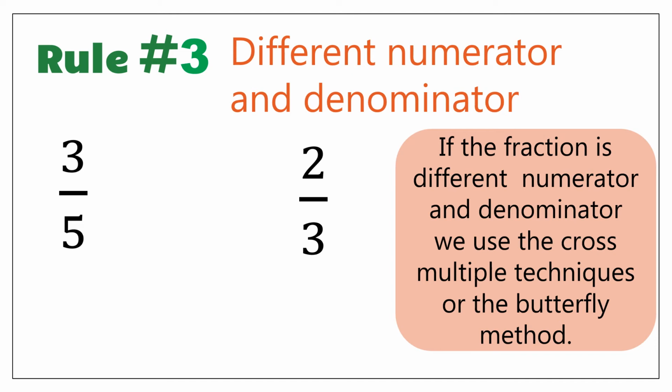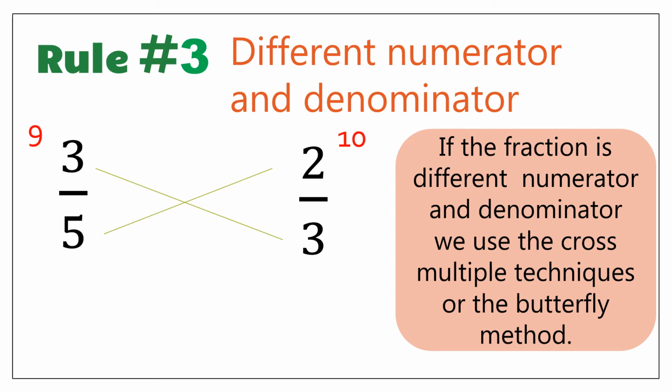So first, let's multiply 3 times 3. So 3 times 3 is equal to 9. And let's again multiply 5 times 2. So 5 times 2 is equal to 10.